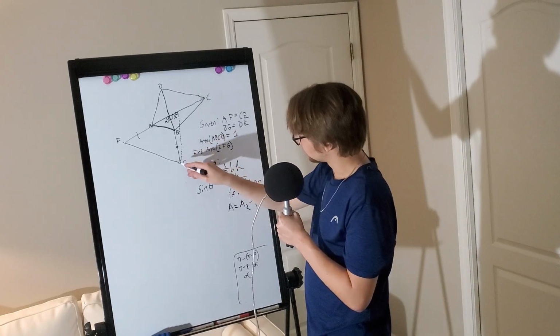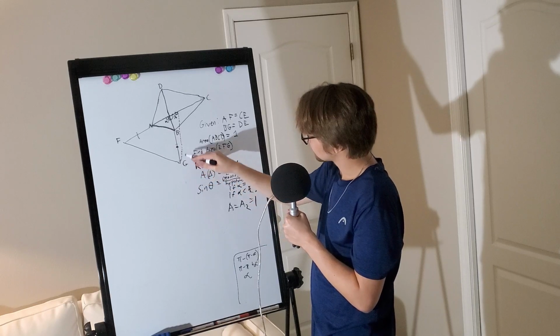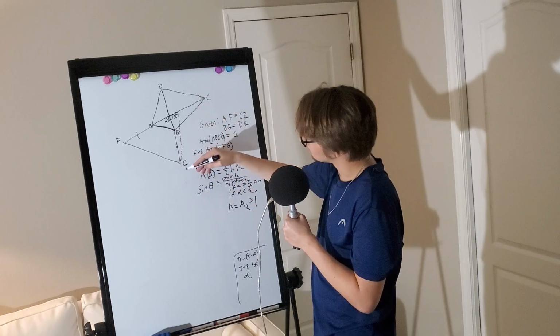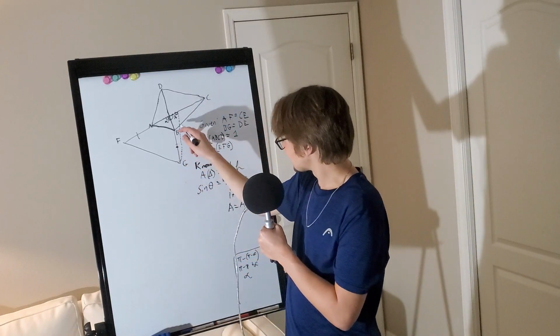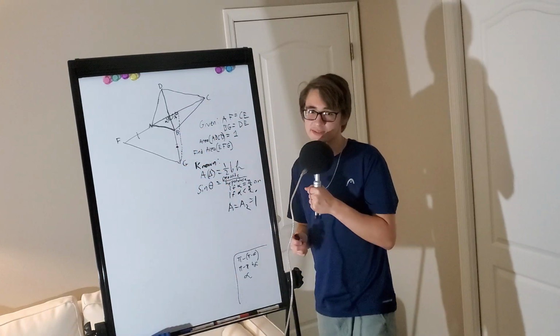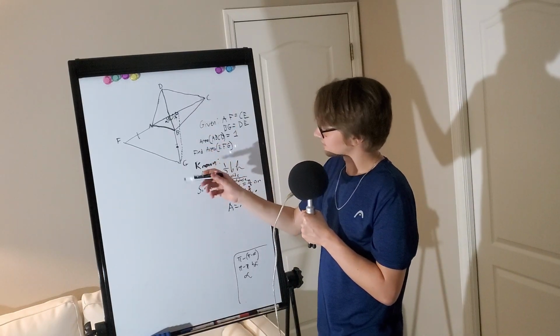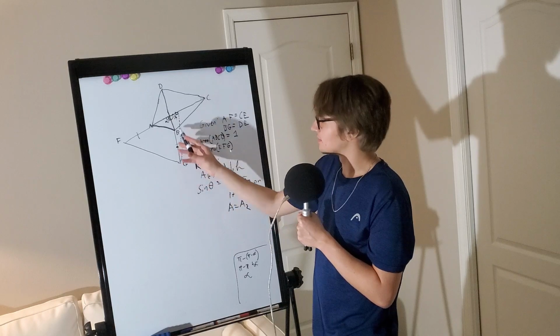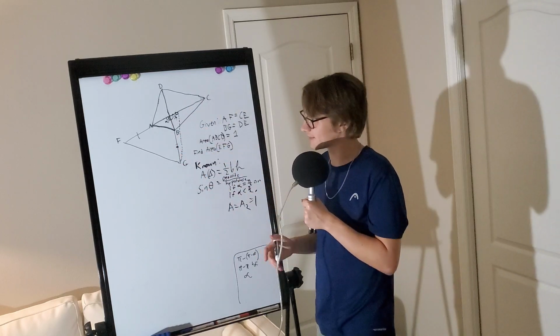So we have the height, which will be length EG times the sine of beta. And of course, the sine of angle beta here will be the length of this altitude divided by the length of this big segment here, which would be the hypotenuse in this right triangle.